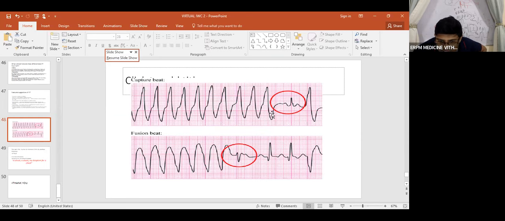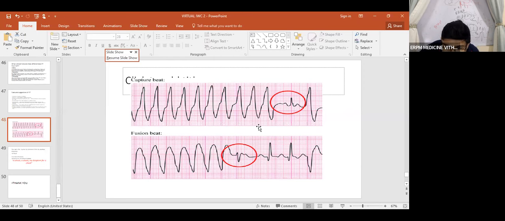So in between the VT beats, suddenly a normal beat is there. That is called what beat? Capture beat.